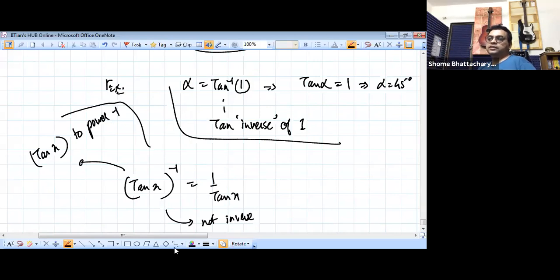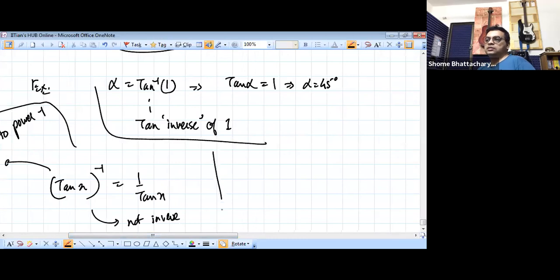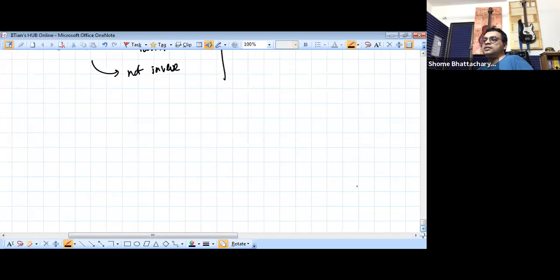This you will study in trigonometry in maths also. These are called inverse trigonometric functions. It's not just to do with tan, it's there for sine or cos also.